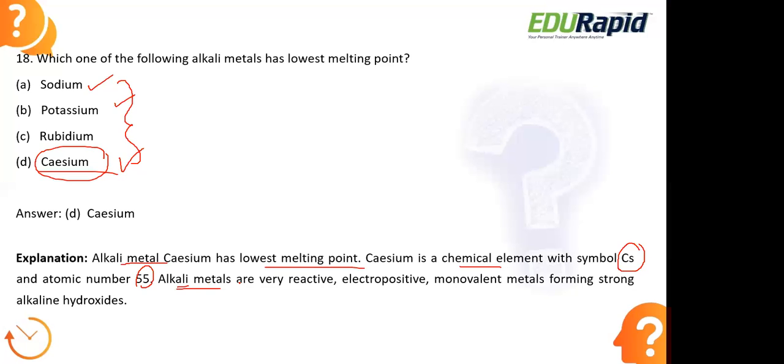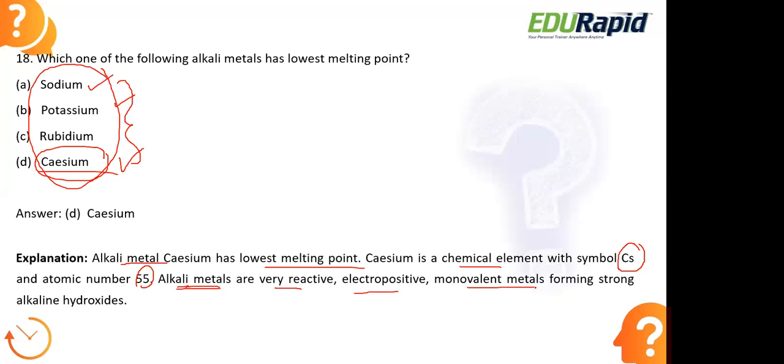All of these alkali metals that we have here in the list are very reactive, strongly reactive and electropositive, that is, capable of donating electrons to neighboring elements.